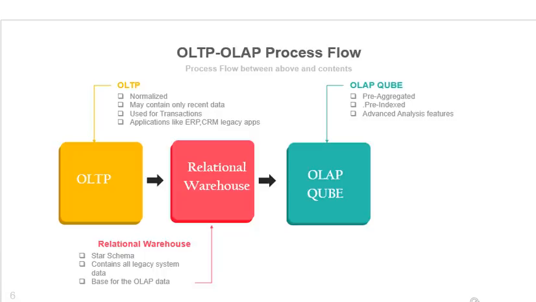This data flows to a relational warehouse, where data is stored in a star schema, which acts as the base for OLAP data. From this relational warehouse, data is loaded into OLAP cubes, which hold pre-aggregated or summarized data.